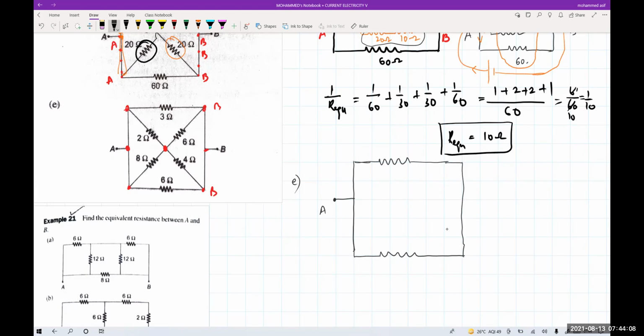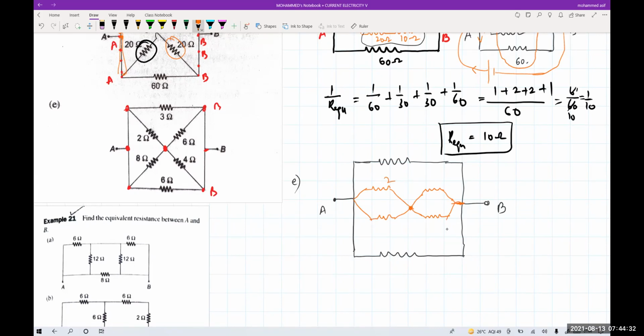And this is your terminal B. Okay, so I'm connecting this point to somewhere here. This is one resistance, this is one resistance. Here there is your 2 ohms and there is your 2 ohms. These two are connected, so I'm taking this point as your connection right now. So there is one resistance here and one resistance here. Again, these two are connected to this point.